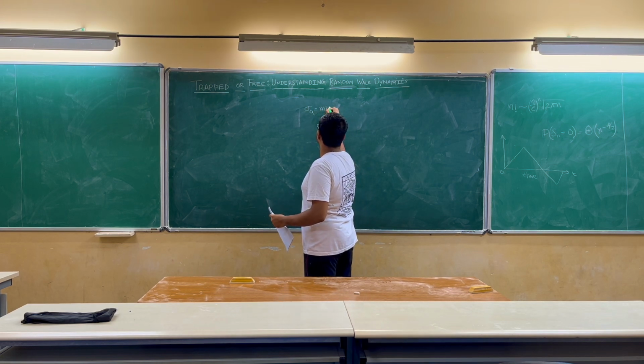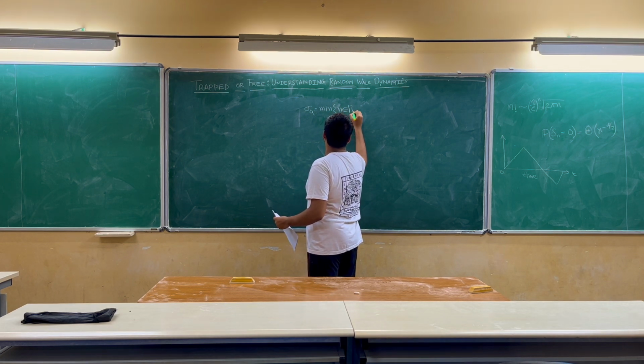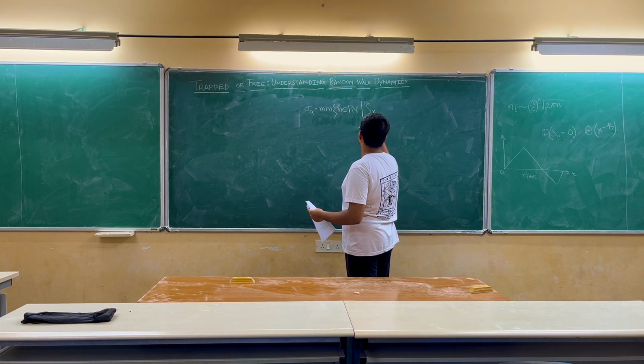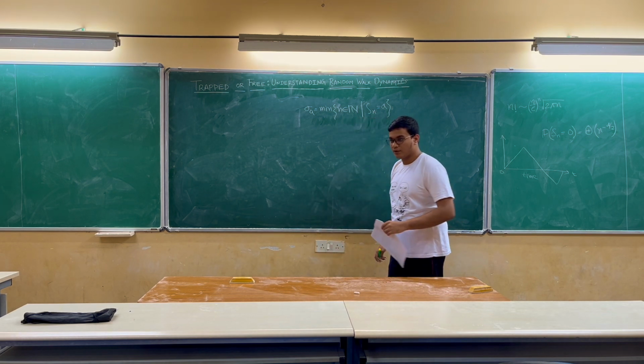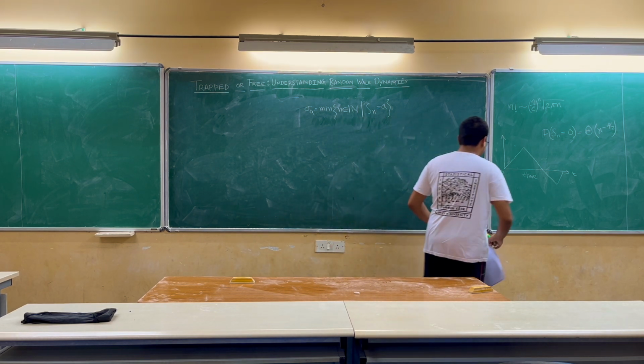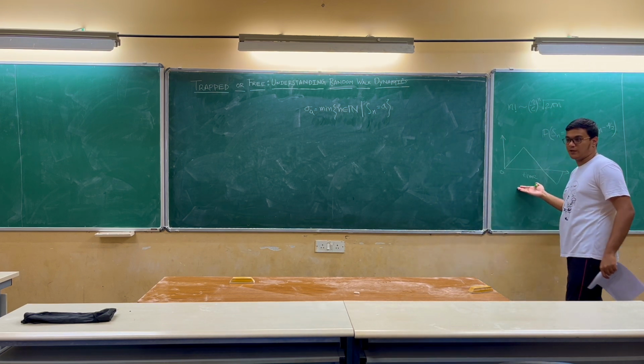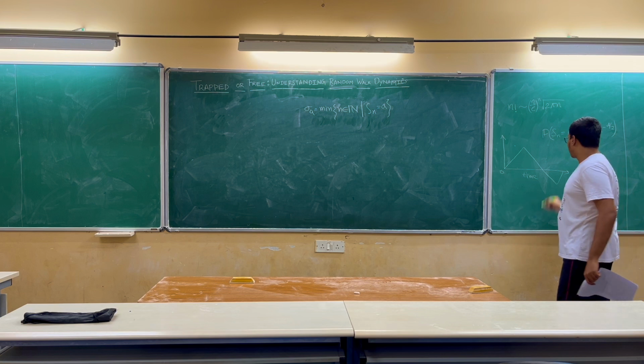This is the minimum of all those natural numbers n such that at the nth step the random walk is present at the point a.